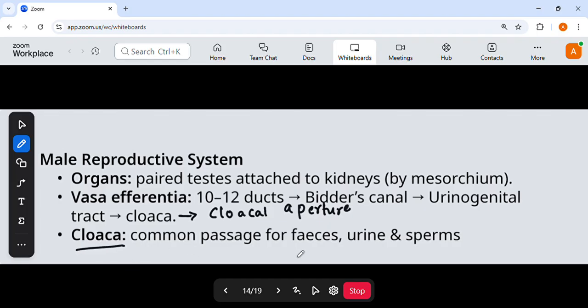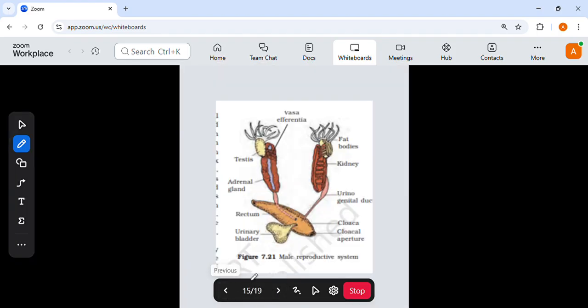Cloaca is a common passage for feces, unwanted waste, urine, and sperm. So the digestive system, excretory system, and reproductive system have a common opening, which is nothing but the cloaca.